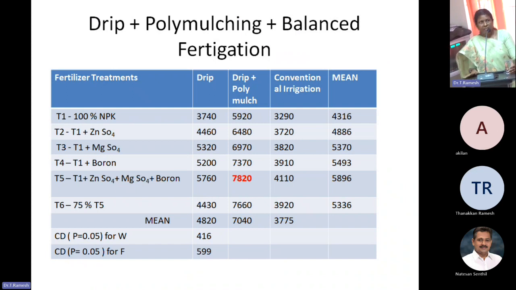Even if we consider 6,000, you can see 78 quintal, and conventional, if you put 100% NPK alone, it is 32 quintal only, so more than double is possible. So this is a very classical experiment we did at CICR Regional Station, Coimbatore.